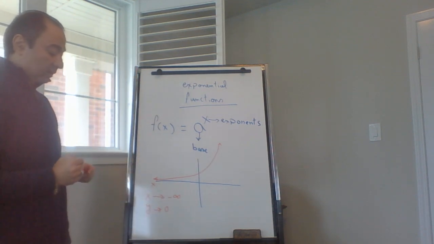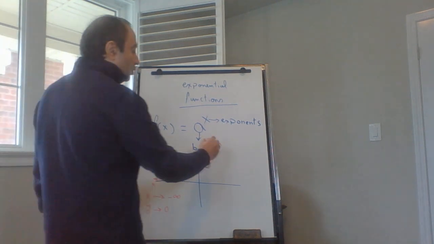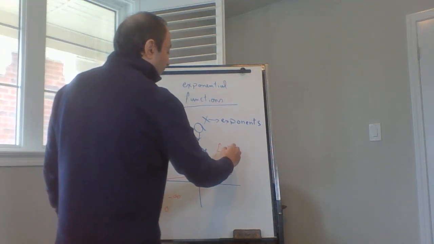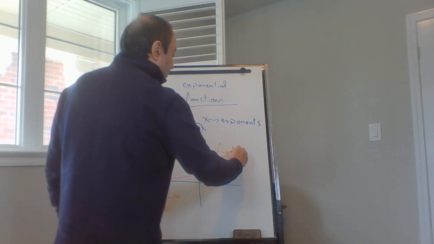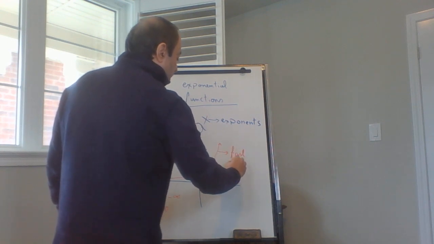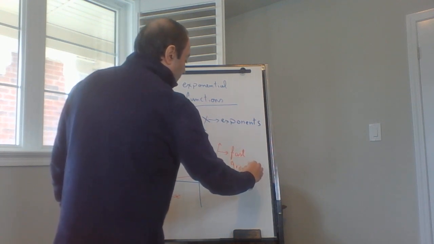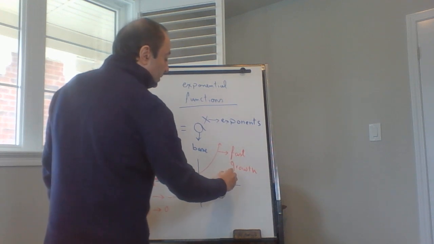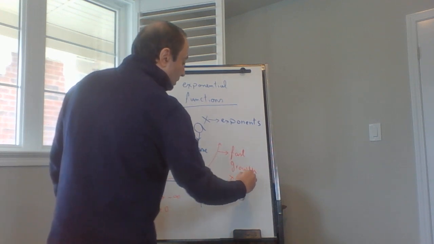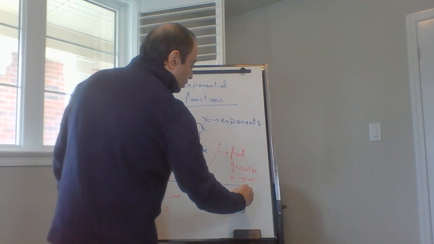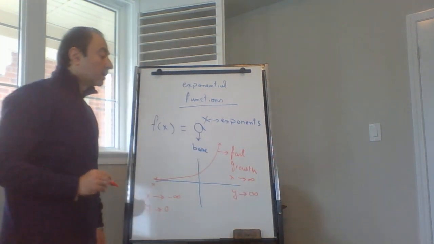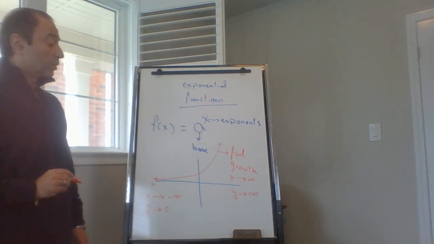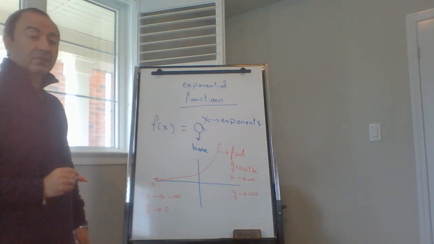This is the first feature. The second feature is fast growth. In other words, as x goes to infinity, y also goes to infinity.